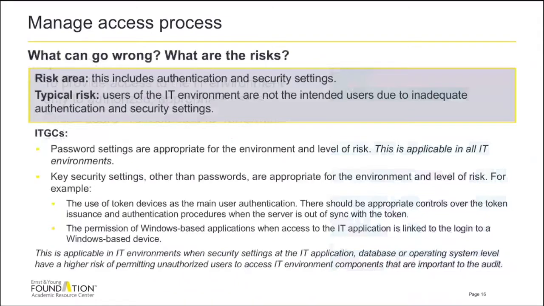So in the managed access process, what can go wrong? What are the risks within this process? This includes authentication and security settings. A typical risk is that users of the environment are not intended users due to inadequate authentication and security settings. An additional risk would be an unauthorized user gaining authentication and security.